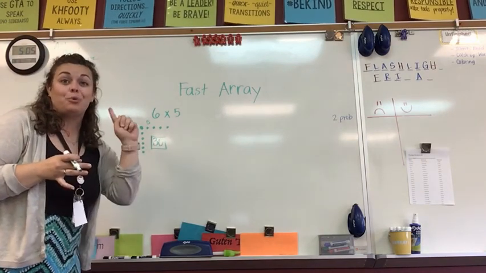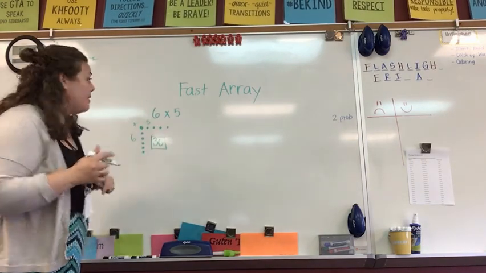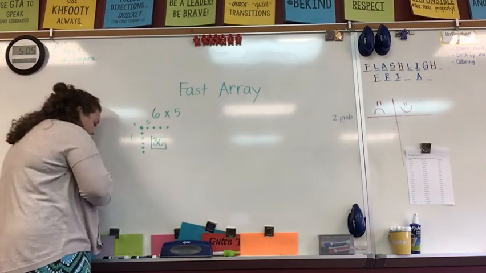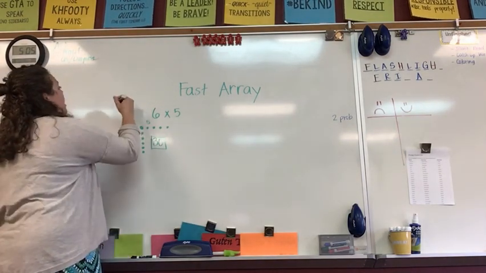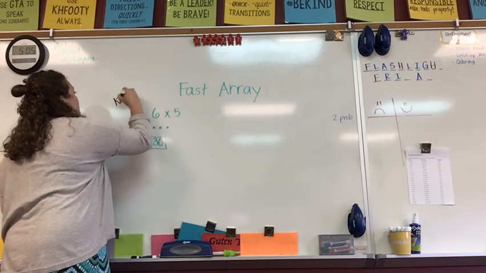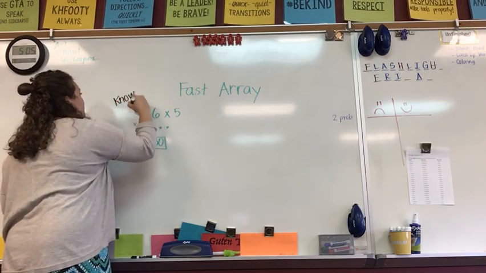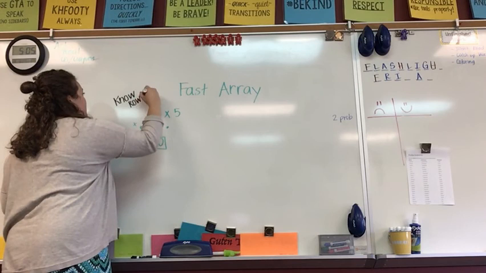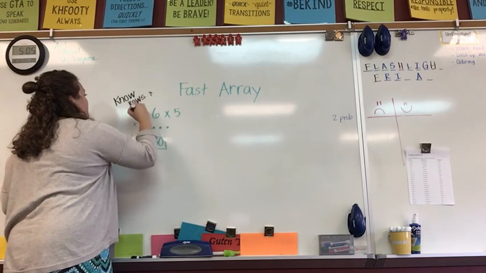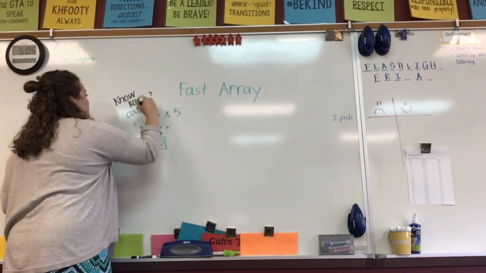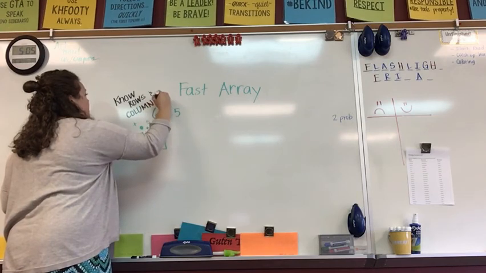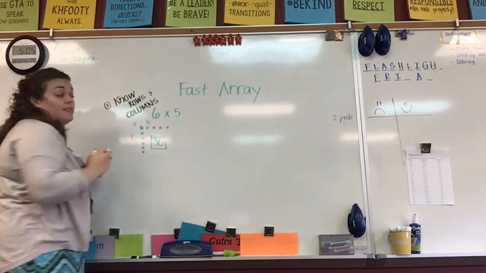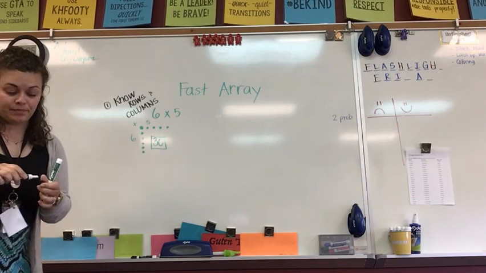So that is example 1 of a fast array. And that's when I know my rows and columns. Okay, that's the first way. That way is really, really common.